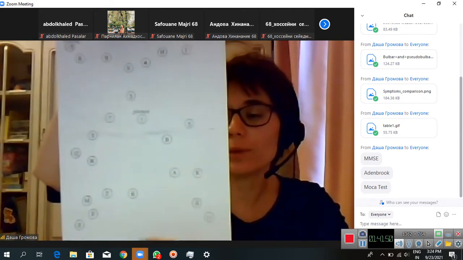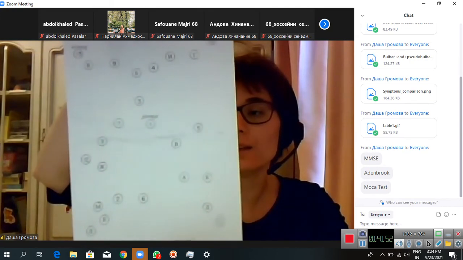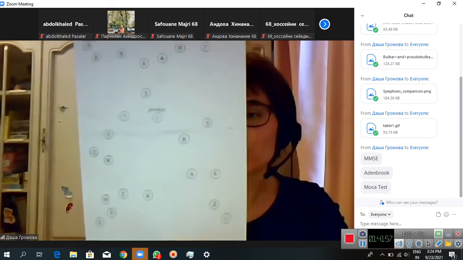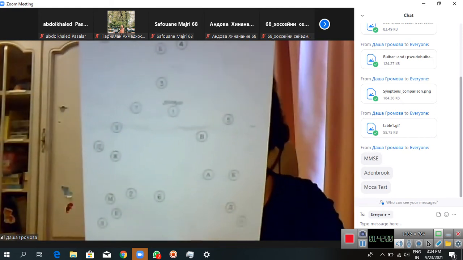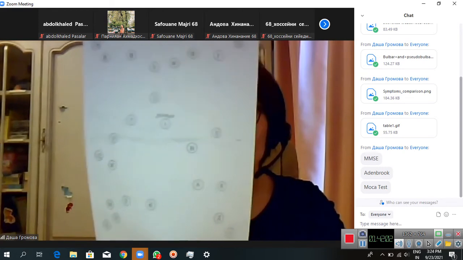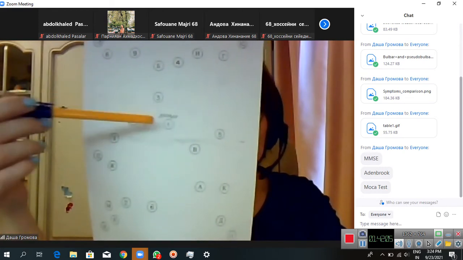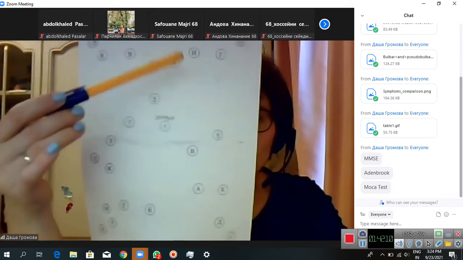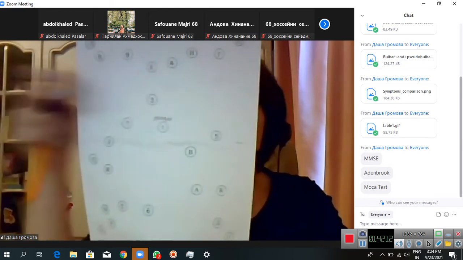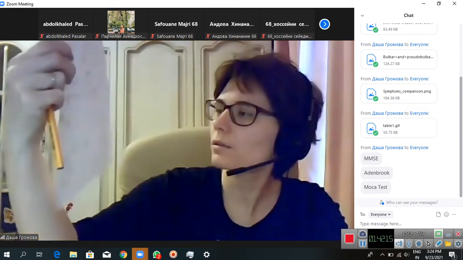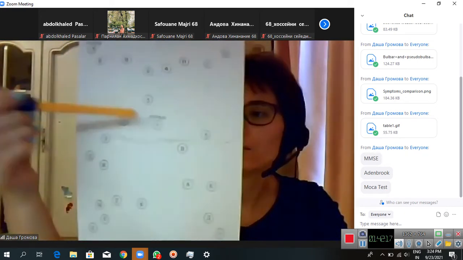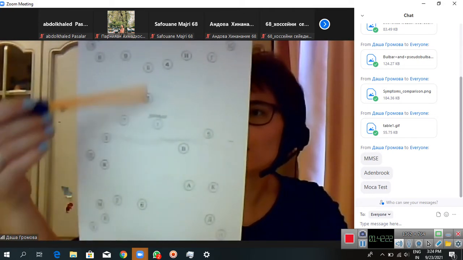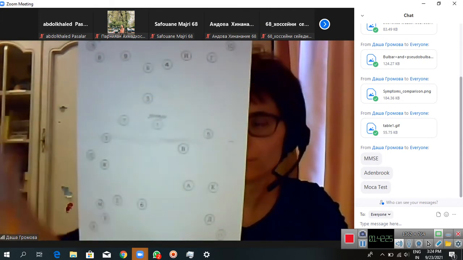And we ask the patient to connect them like they are in our alphabet and with a special rule. First we have a number and then the letter in the Russian alphabet. One is A, then 1A, then from A we go to 2, 2 is B, then 3C, like this.